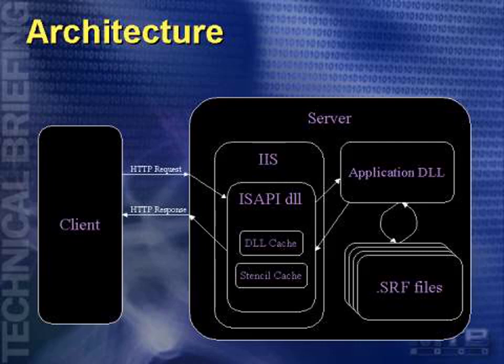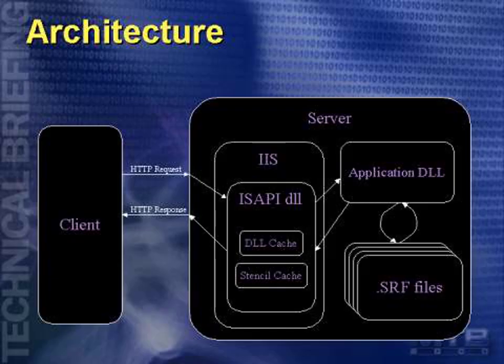So how does the actual architecture work from a high level? Well, what happens is the client comes in and makes an HTTP request for an actual file. Now that HTTP request is associated with a particular ISAPI DLL. So in general, what we have is what we call our SRF files.